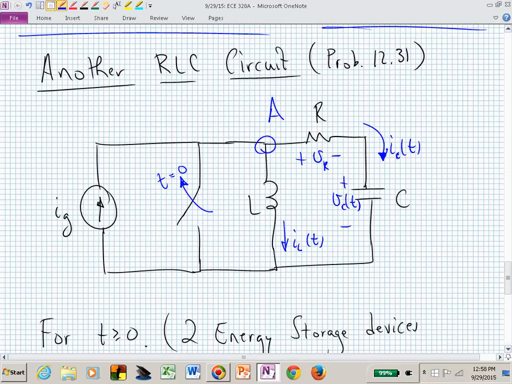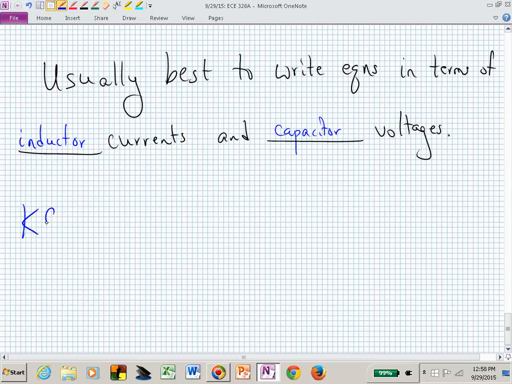So think about what we have. We have the current coming in from the left, and we have two currents leaving that node. If we now say KCL at node A, we can now say that the current source, I sub G, is equal to the sum of the inductor current and the capacitor current.